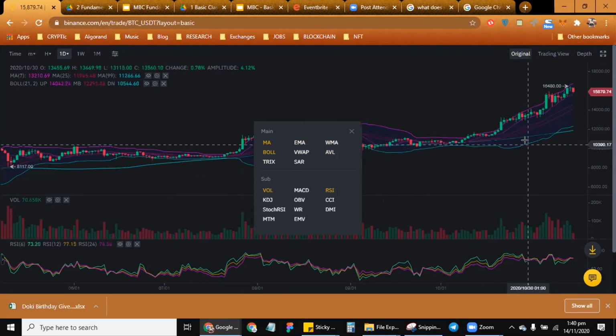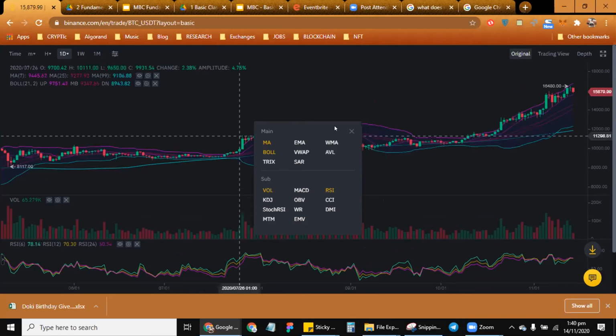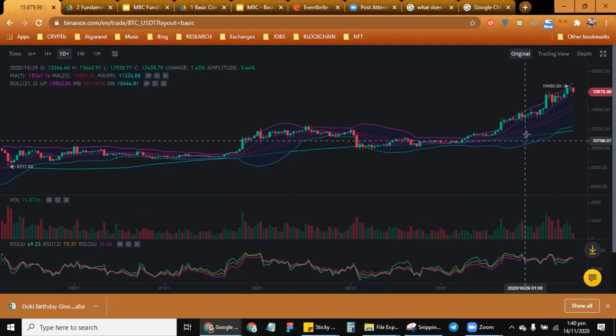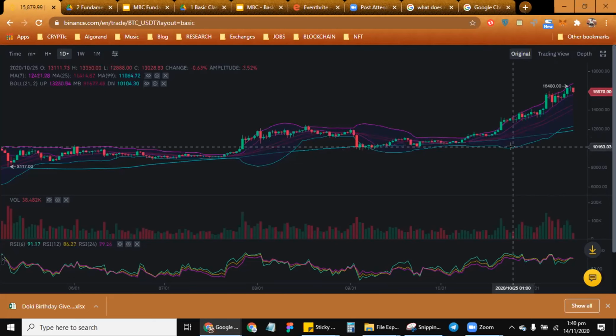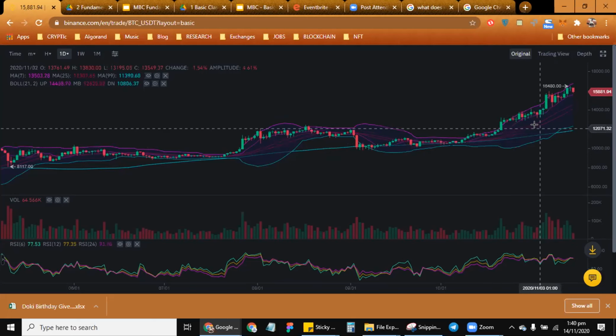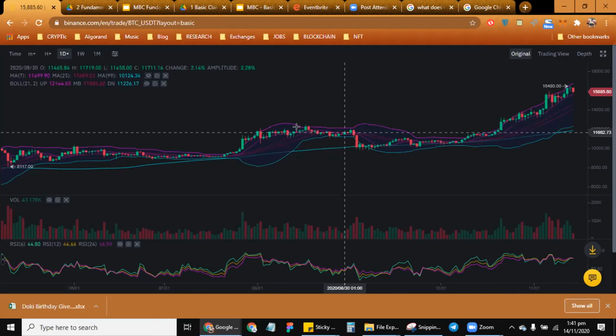This line at the bottom, this is the Bollinger Band. Okay, let's close this. So this is the Bollinger Band. This line at the bottom shows you the support. This one at the top, resistance. And then the middle has to do with the moving average.